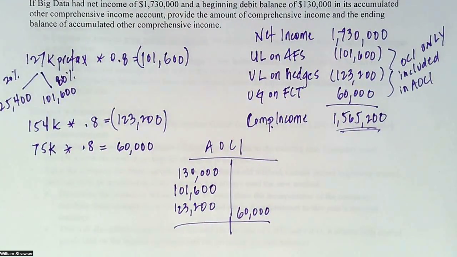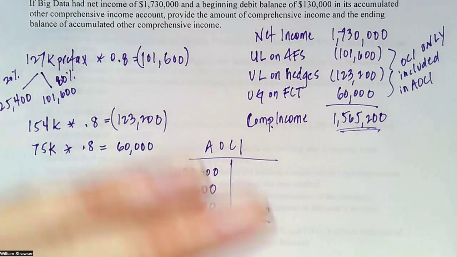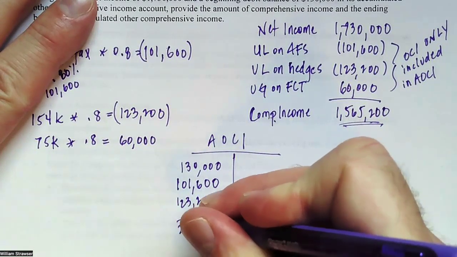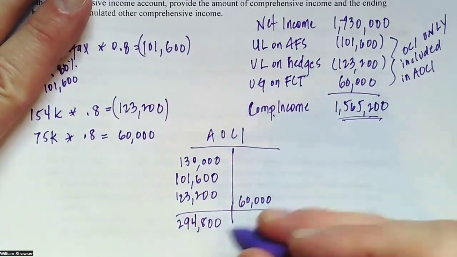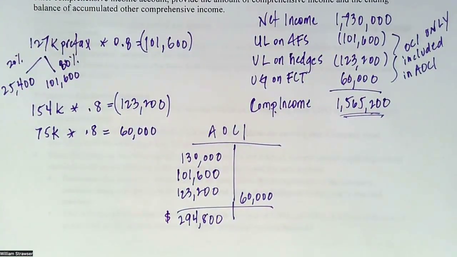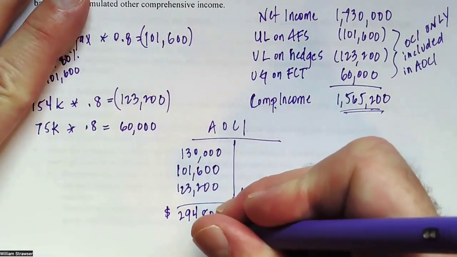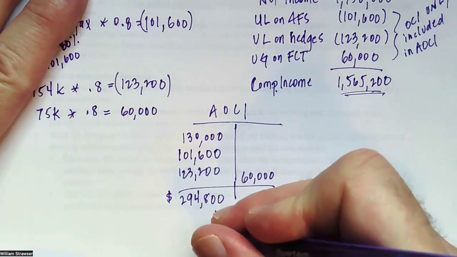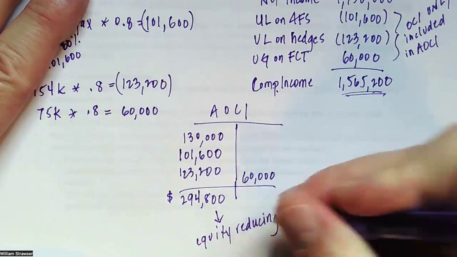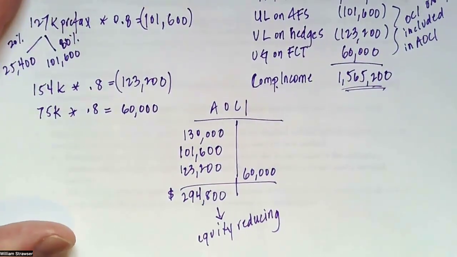It's 130 plus 101.6 plus 123.2 and subtract the 60. We come to $294,800. So it would have a $294,800 debit balance in my AOCI. This amount, remember, would be equity reducing because it is a debit amount against the normal credit balances of my equity items.